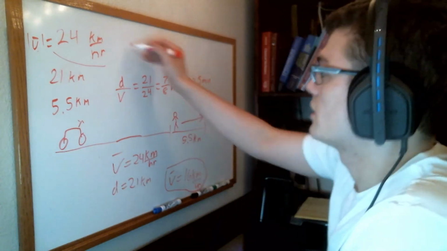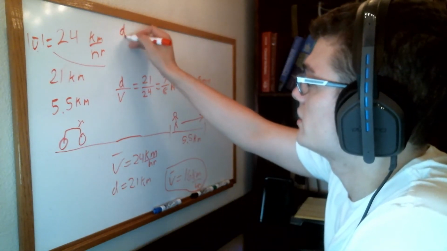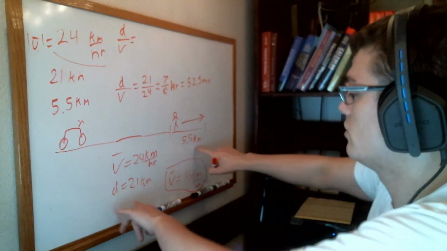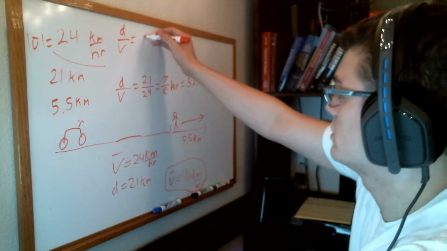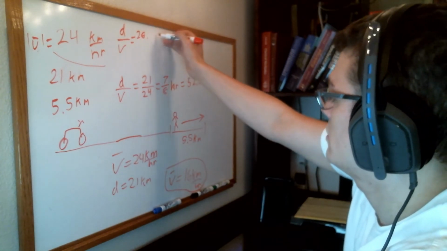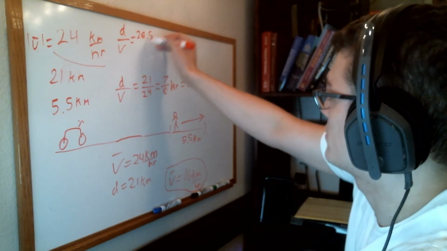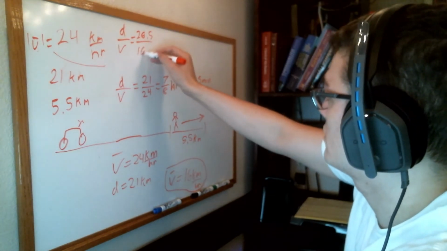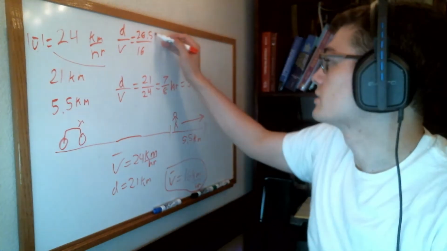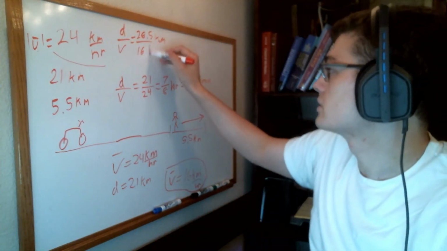So we can say d over v is going to equal 26.5 all over 16. This is kilometers, and this is kilometers per hour.